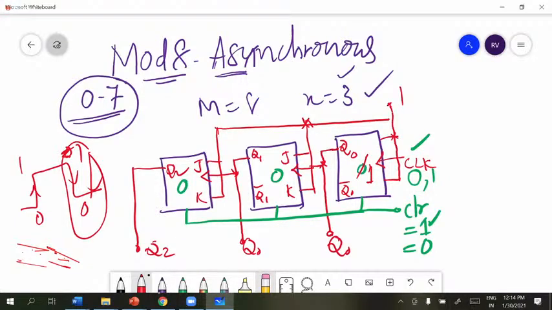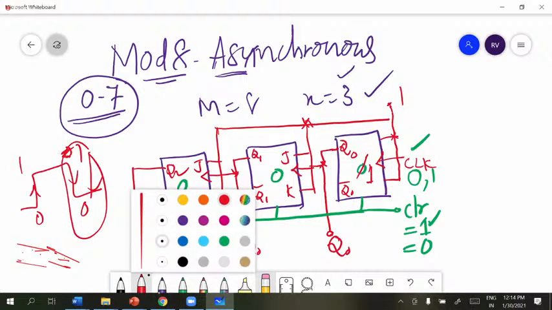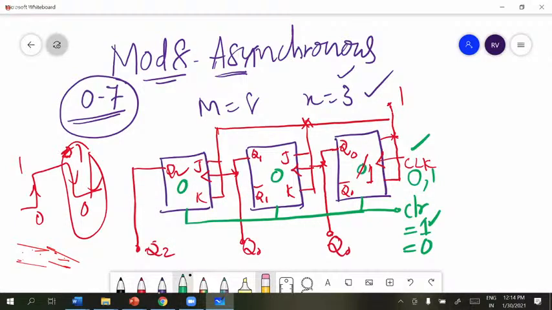That change is applied as the clock for the next flip-flop. Sorry, here you have to understand one thing. 0 has become 1, and that is a positive change. That positive change is applied to the next flip-flop.